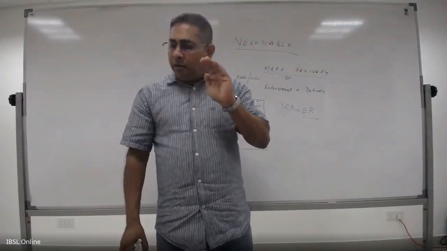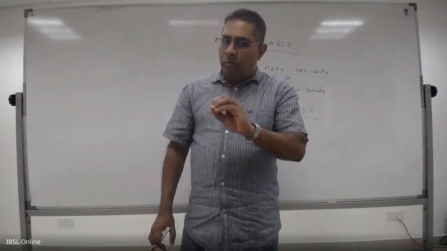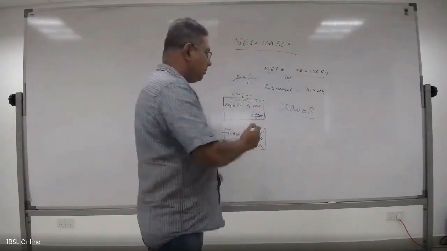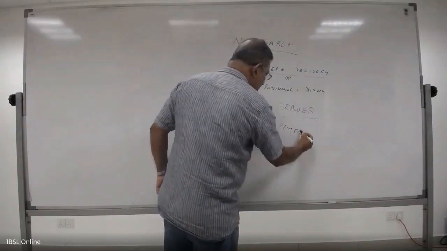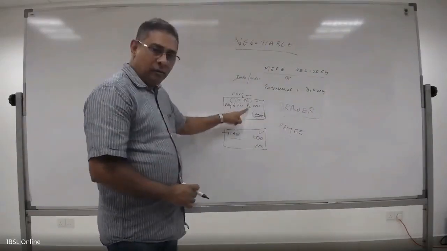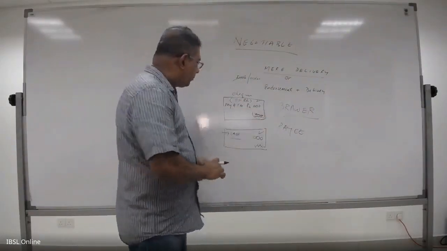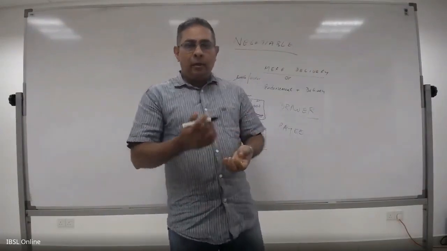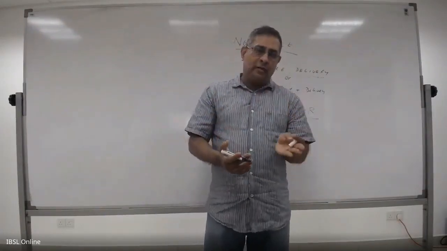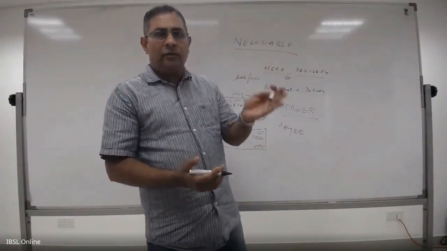Endorsement is done by whom? By the payee. Now, who is the payee? A Fernando. So A Fernando will, the practice in Sri Lanka is to make an endorsement on the overleaf of the check. That is on the reverse of the check.